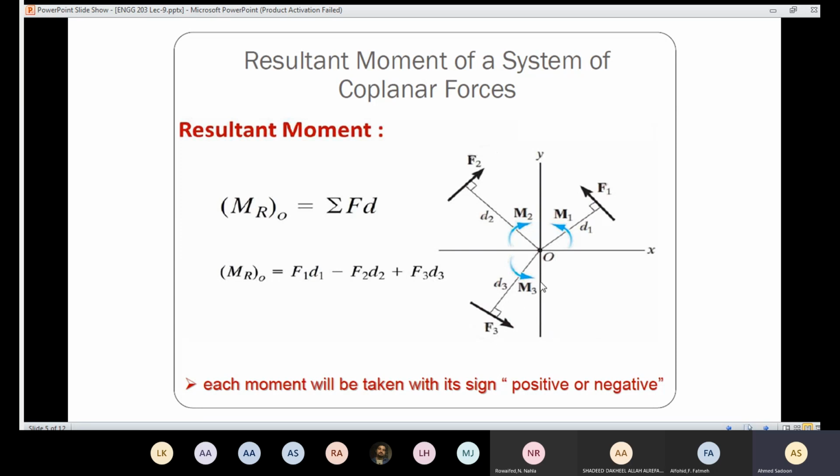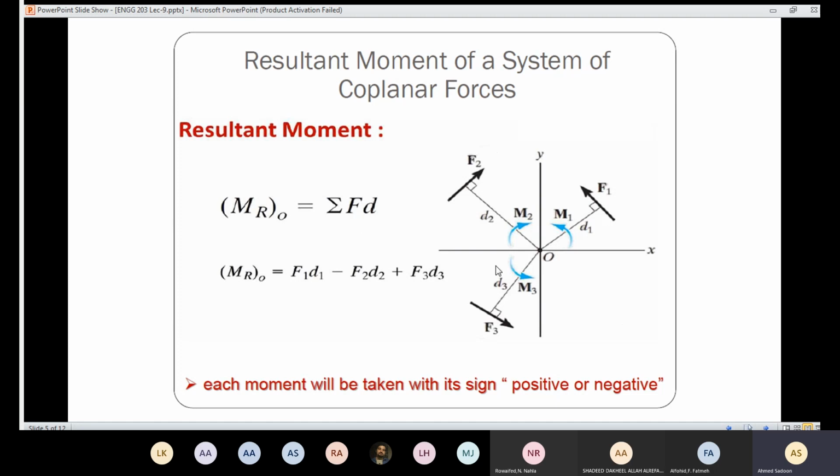So how am I going to deal with a system like that? If this is the case, I'm going to say that MR, the moment resultant of all these forces and moments, equals the summation of the force times the distance, or the summation of the moments here. And I need to put a sign for the direction.